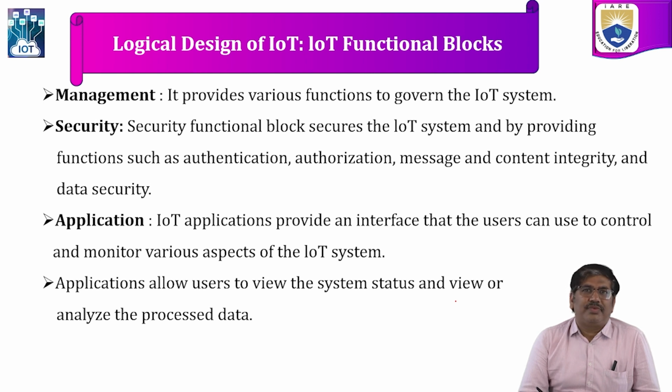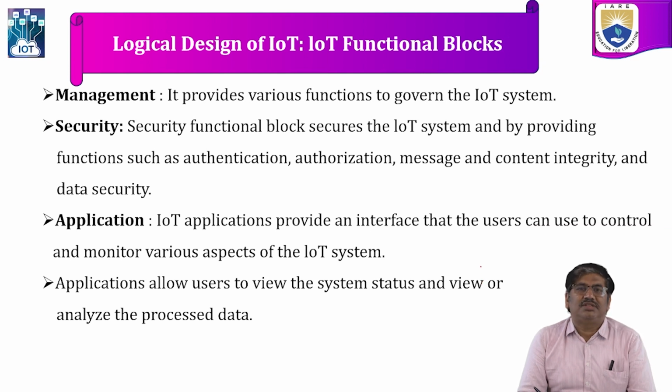The application: an IoT application provides an interface that the end user can use to control and monitor the input devices, as well as control the output devices. The application allows the user to view the system status and view or analyze the processed data.